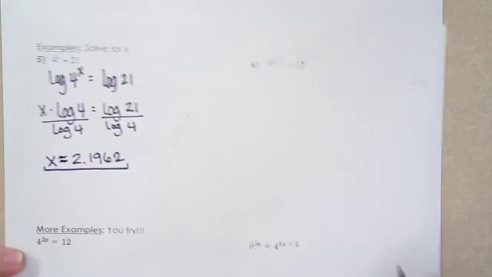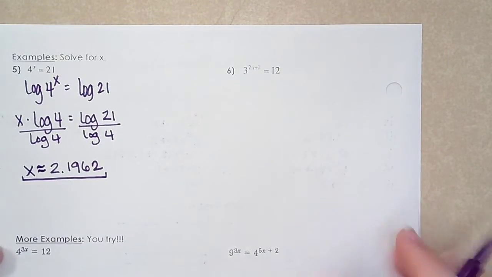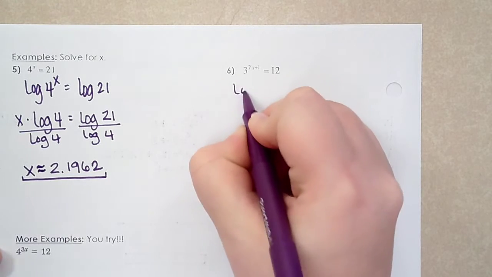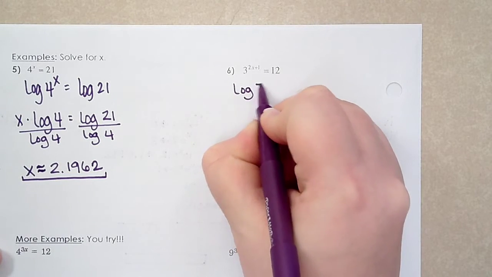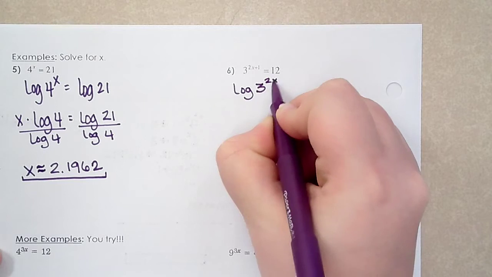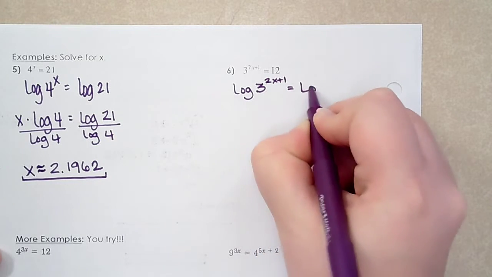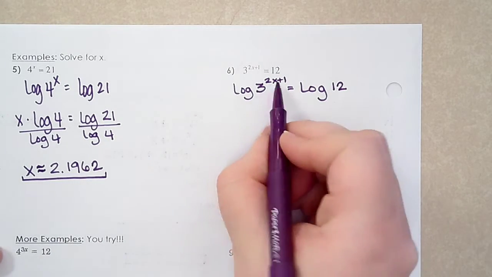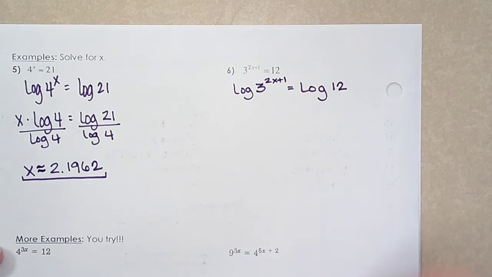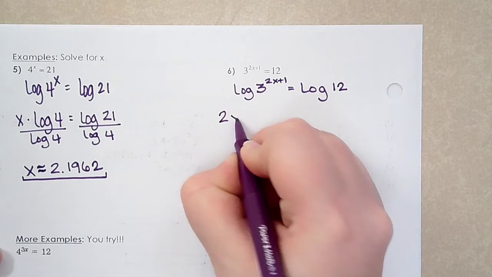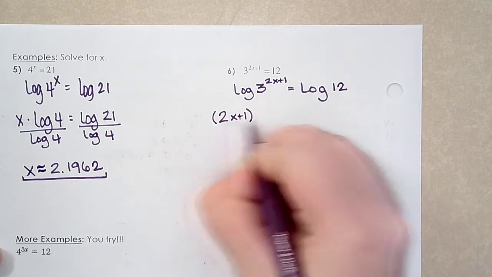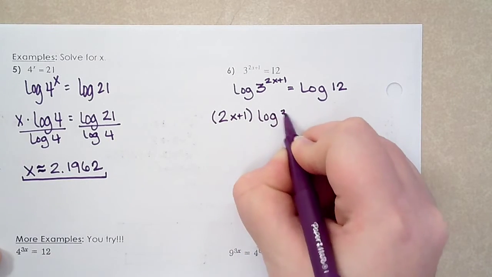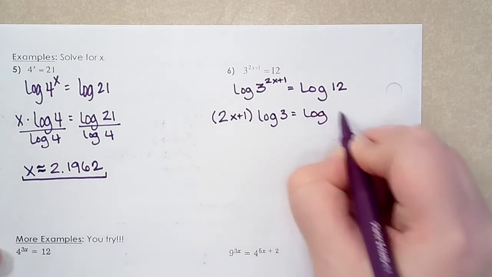All right, let's keep going. We're going to do the same thing to this one. As long as I'm taking the log of both sides, I have kept the equation balanced. But again, I don't like working with exponents inside of my log, so I'm going to bring that out front and say 2x plus 1 times the log of 3 equals log of 12.